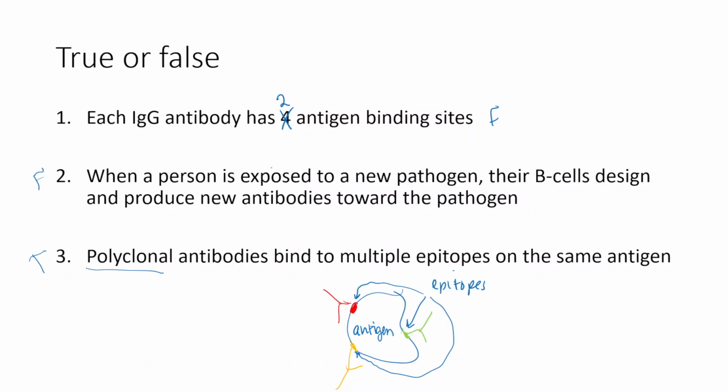Each of these antibodies is different, and they are from different B cell clones. It's polyclonal because you had multiple different original B cells. They're all similar because they recognize the same antigen, but they're all different because they recognize different epitopes. So a monoclonal antibody would only recognize one epitope on the antigen because it arises from one original B cell. Polyclonal antibodies arise from more than one original B cell.